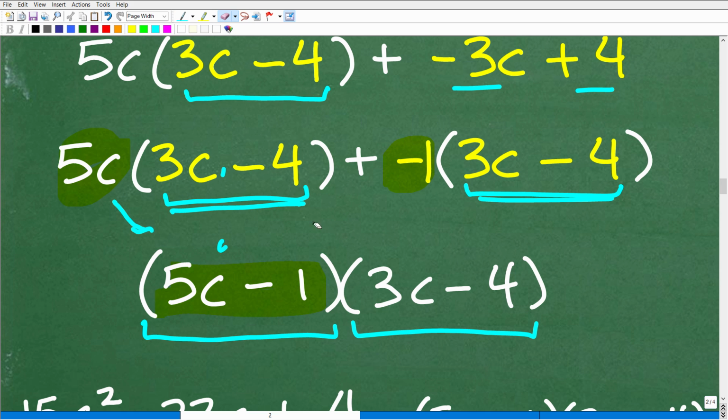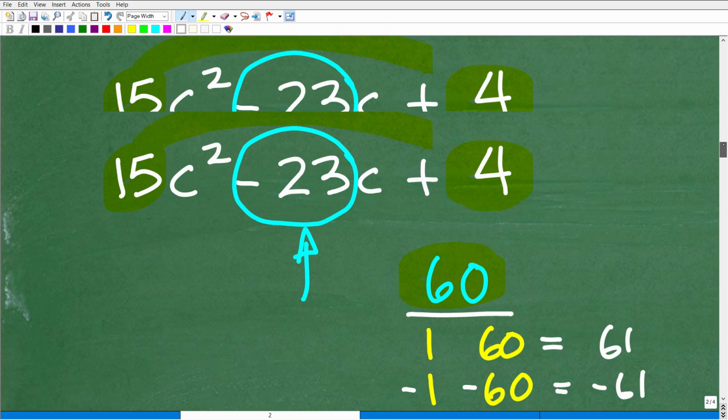Now, I know a lot of you are probably exasperated, like, oh my goodness, this is crazy. Listen, I've been teaching this stuff for decades, thousands and thousands of students, and I can tell you right now, those students that have difficulty with factoring these more involved quadratic trinomials will do better with this technique, instead of the guess and check method. Because what's your alternative? Well, let's go back up here.